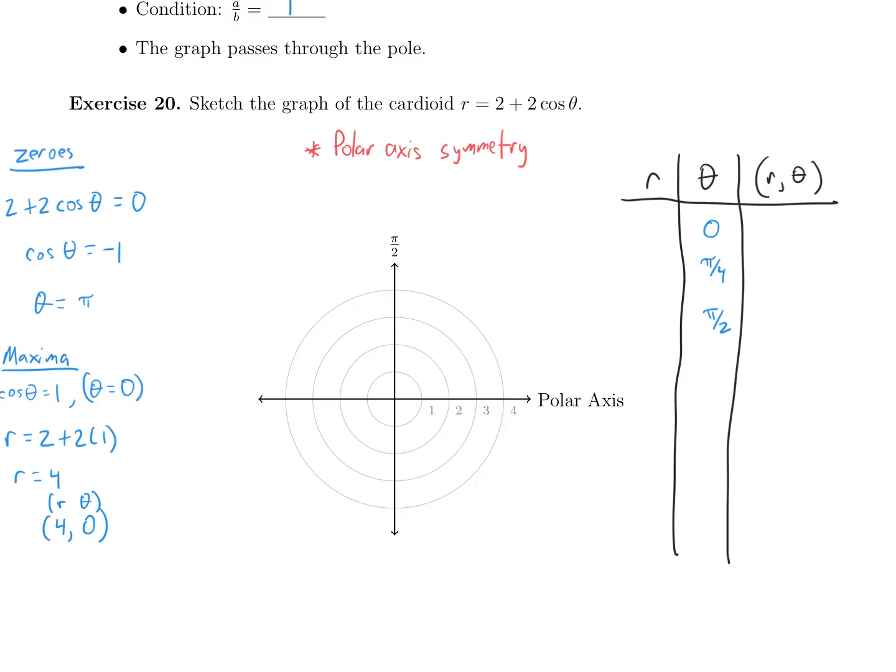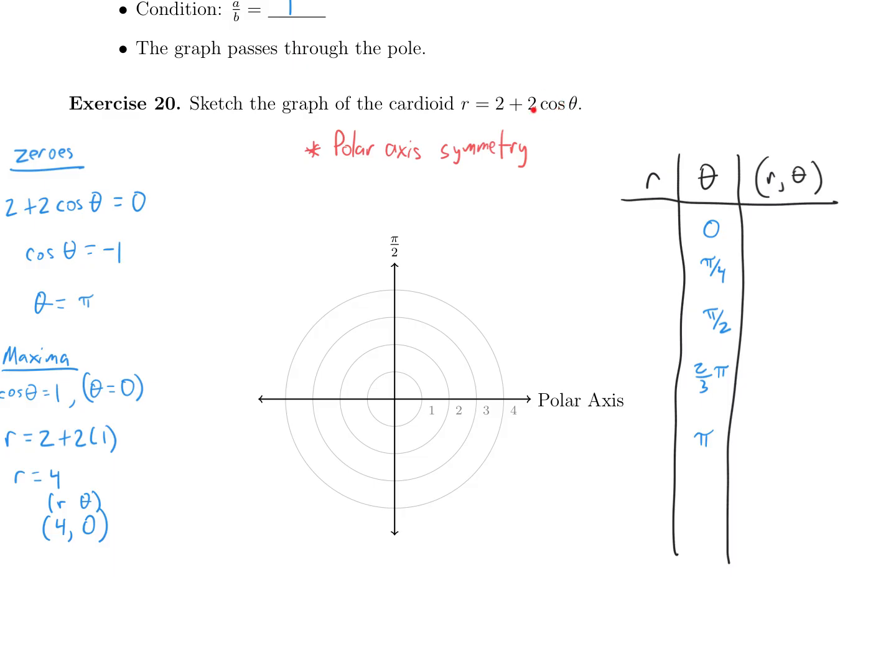I'm going to choose some convenient values that are going to give us some nice points. Like 2/3 pi, you will see will give us a nice point. And then finally, let's just go straight to pi. And then after pi, we just reflect that graph over the x-axis because of the polar axis symmetry, and we have our graph. Once you've chosen values for theta, then you can simply plug them into the equation. So if you plug in 0 for theta, you're going to get 4.